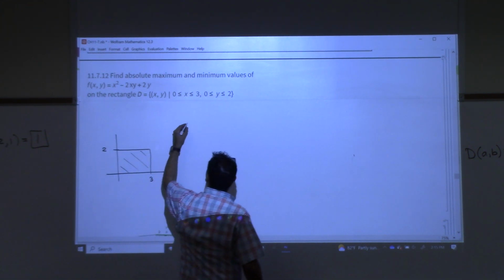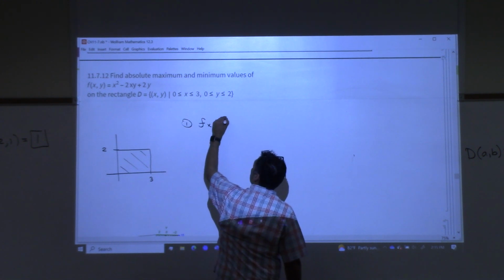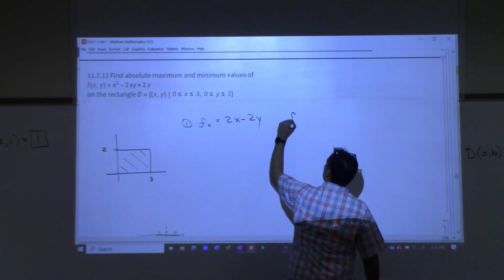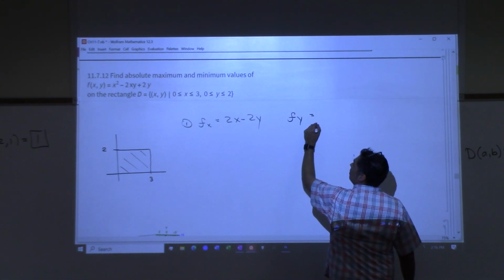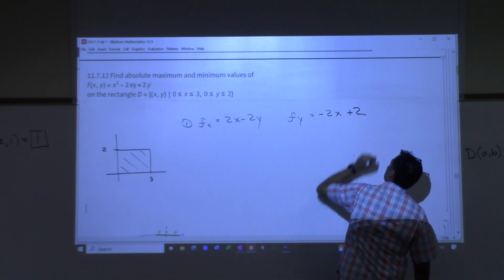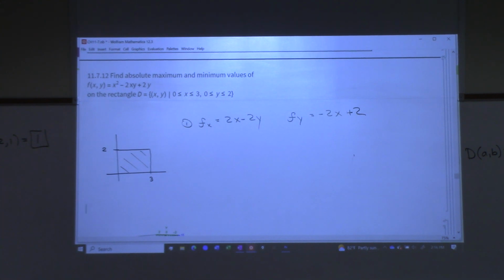We're going to first find the partial with respect to x. Partial with respect to x is 2x minus 2y. That's it. Partial with respect to y is negative 2x plus 2. Y'all checking me? Yes? That look good to you? Okay, and now I need to set those equal to 0.